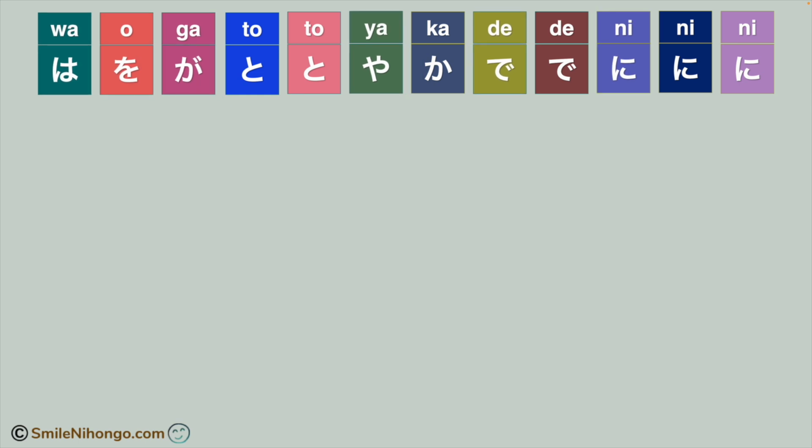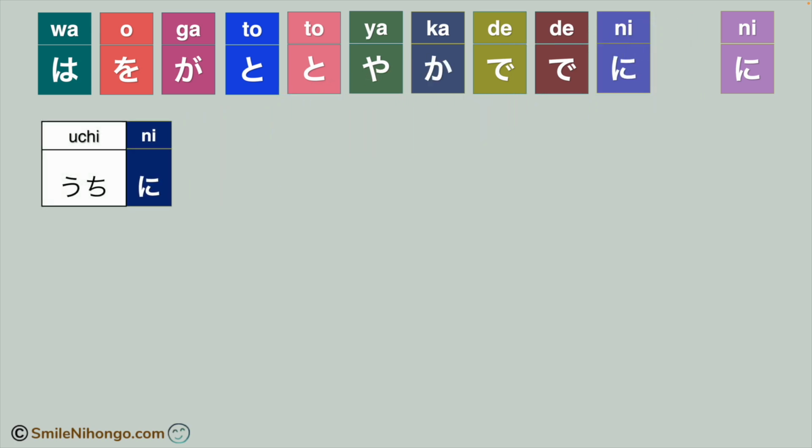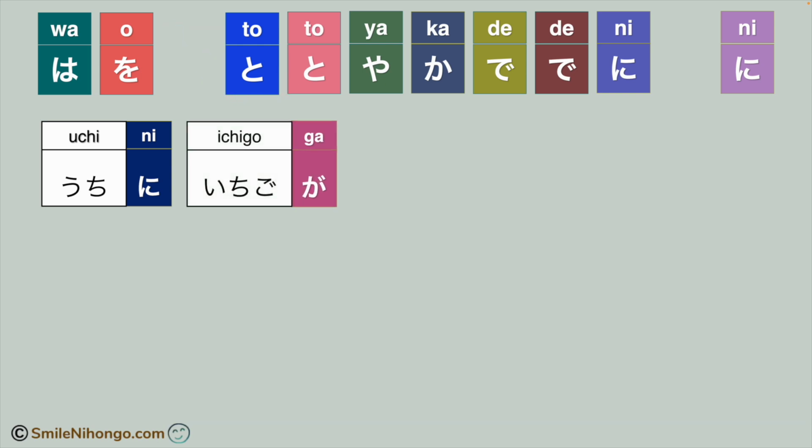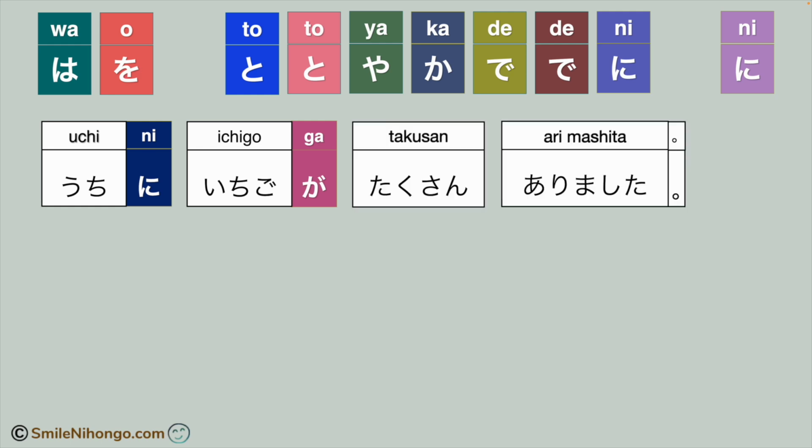Let's put these particles back and here's the next sentence. 次の文章です。Now I'm going to use the particle に to mark a place of existence. うちにいちごがたくさんありました。I had a lot of strawberries at home.